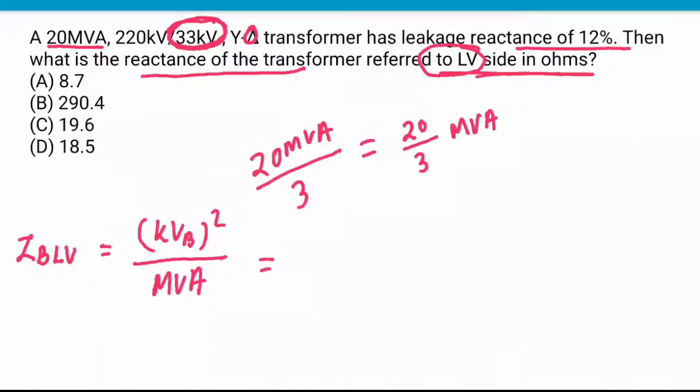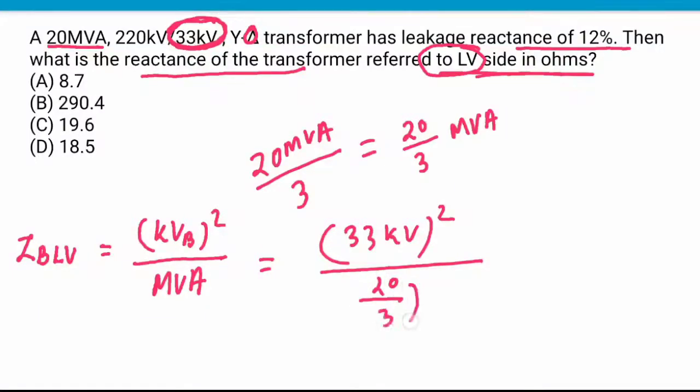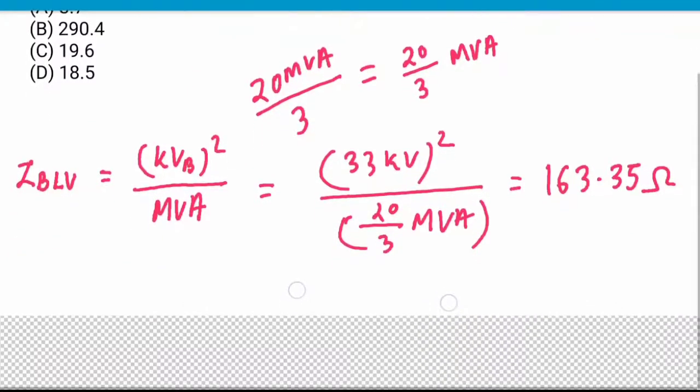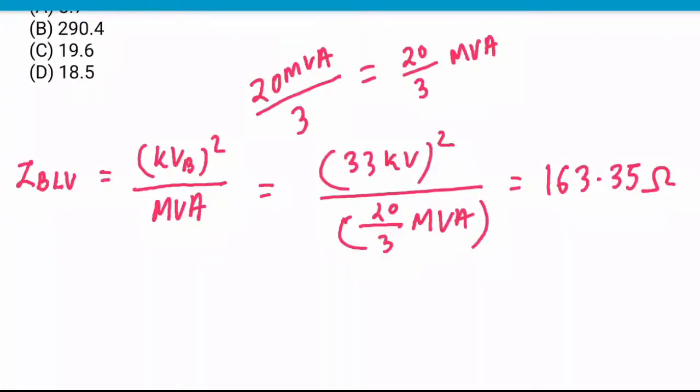So this is 33 kV square by 20 by 3 MVA. So this will be around 163.35 ohm. This is the base impedance for LV side.